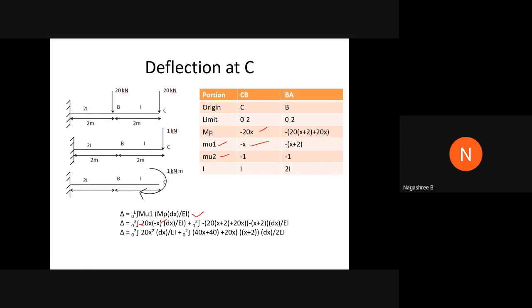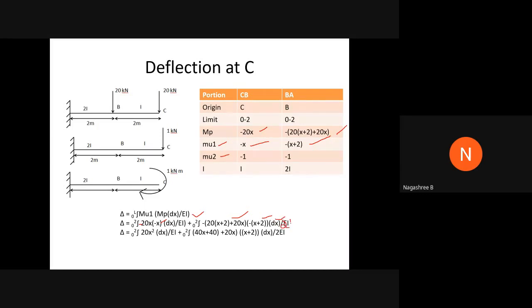For the value of BA, you need to integrate between the limits 0 to 2. Here Mp is equal to -20 into x plus 2, multiplied with x plus 2 with a negative sign convention into dx divided by 2EI.